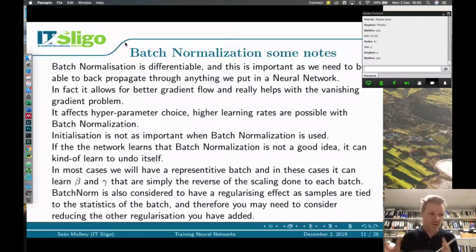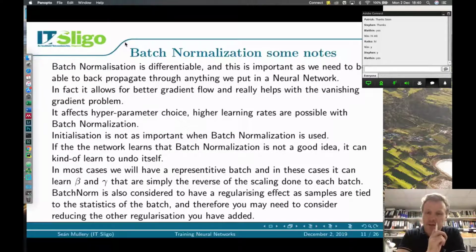And therefore, because it's related to the entire batch, your network is then concerned with generalizing to the entire set of statistics. So it's considered to have a regularizing effect.